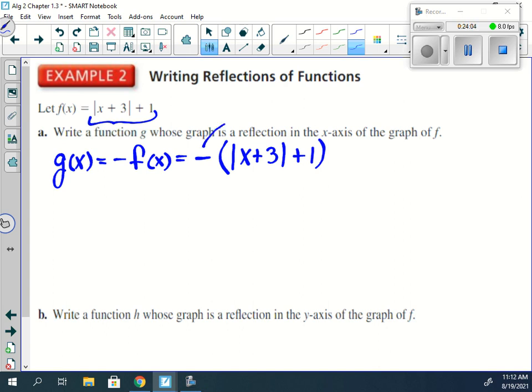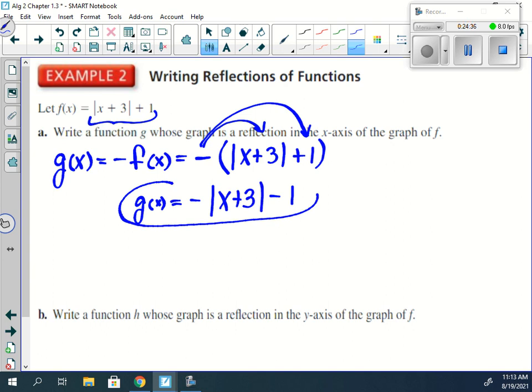So for this here, we're going to distribute the negative to both parts to be able to simplify this down. Now, when we multiply the negative by the absolute value, it stays on the outside. We have negative absolute value of x plus 3. And negative times 1 is going to be negative 1. And that's it.